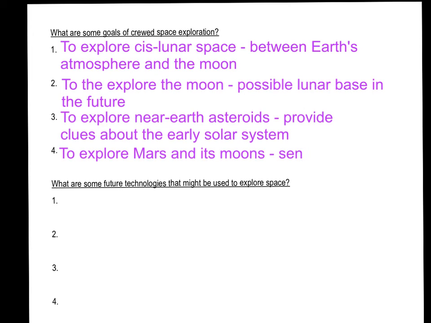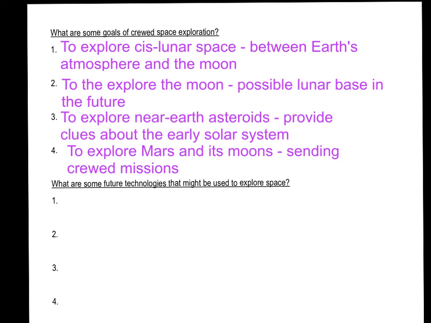So sending crewed vehicles and equipment to Mars is a big one. So these are the 4 goals that we have, kind of our short-term goals for crewed space exploration, or exploration with people.